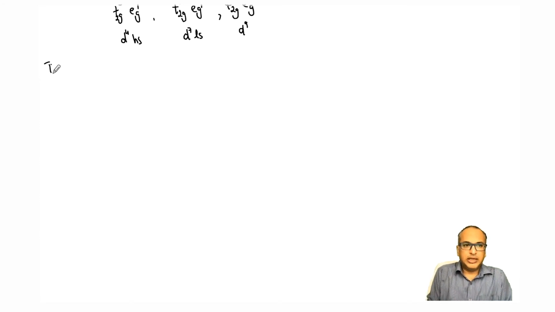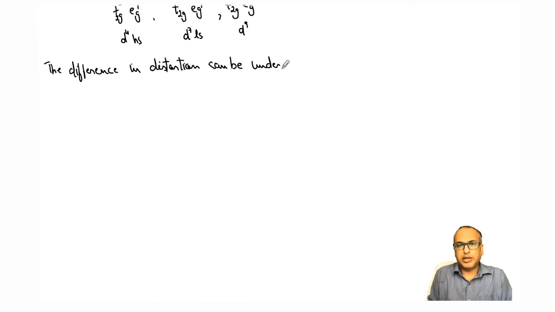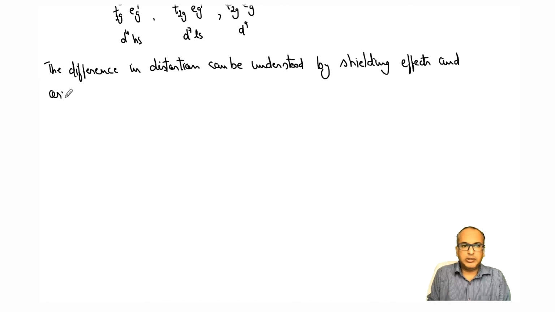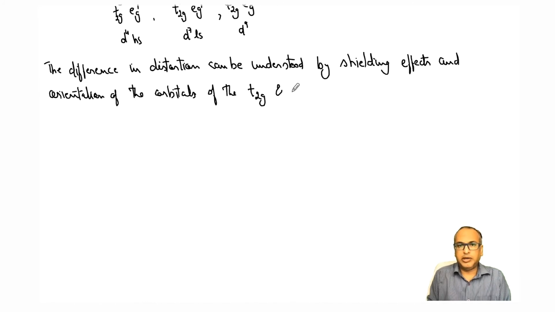So the difference in distortion can be understood by shielding effects and orientation of the orbitals of the T2G and EG set.